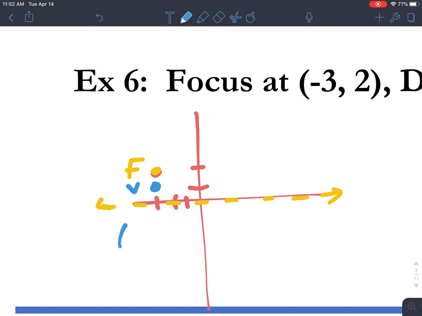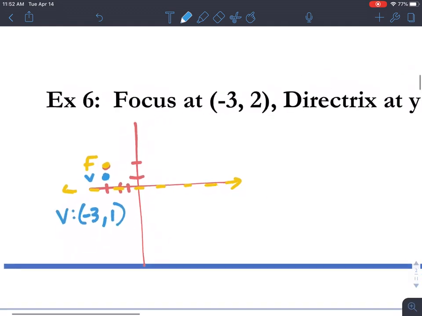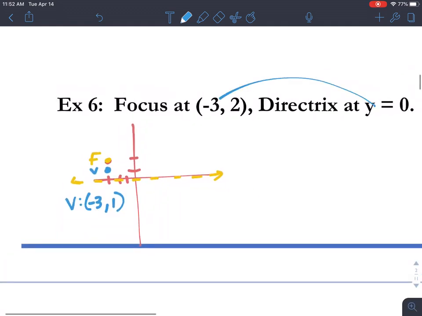And where is that vertex at? That's at -3, 1. Okay, we also just figured out something important, which is that because these are 2 away from each other, that means that our vertex is 1 away from our focus and 1 away from our directrix. We also know that it opens up because we want to have the focus inside of our parabola. So now I also know this value right here, p, is 1 because the vertex is 1 away from the focus and 1 away from the directrix.